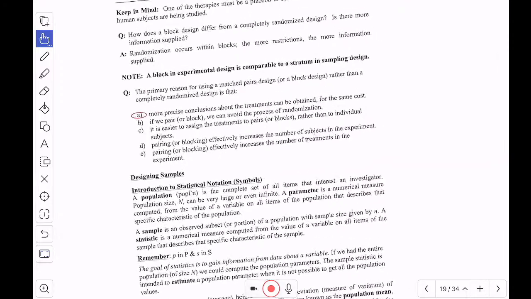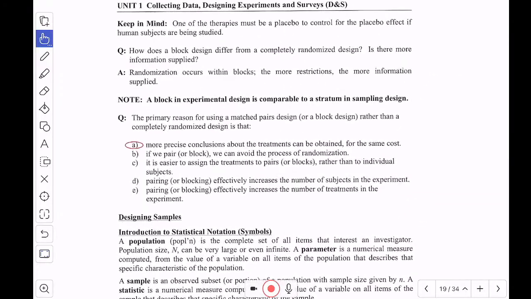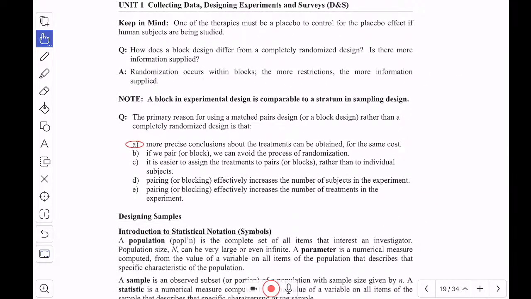So question, how does a block design differ from a completely randomized design? Is there more information supplied? The difference is that the randomization occurs within the blocks. Okay, so first we block by nature, there's men and women, they split into 2.